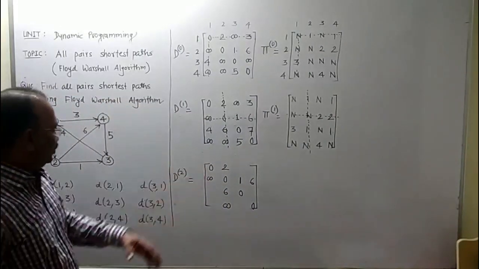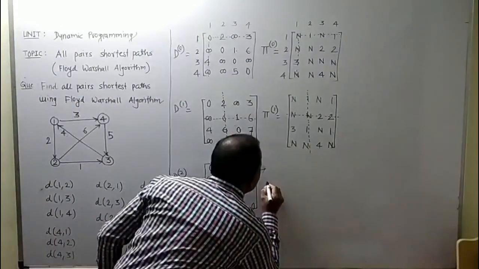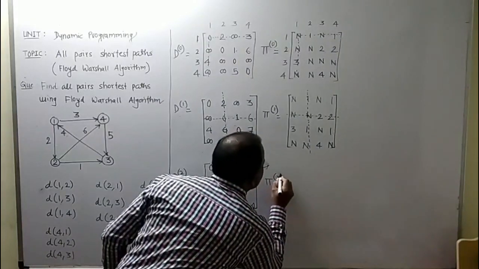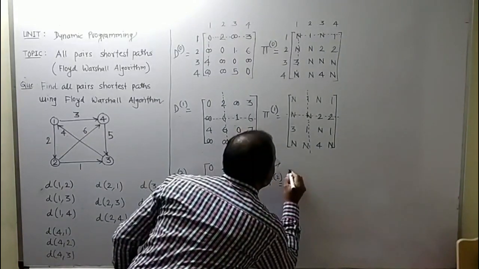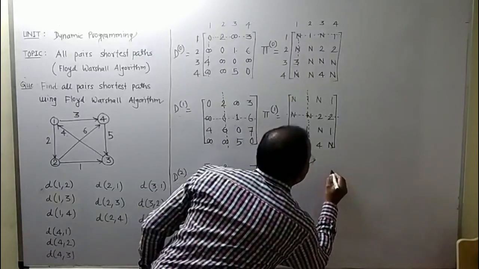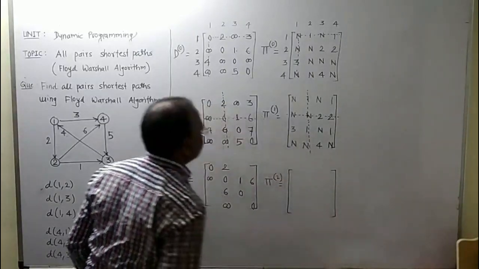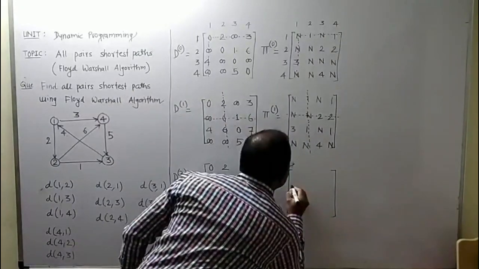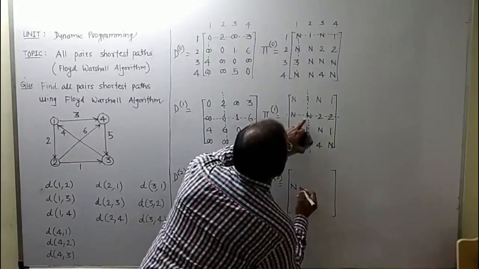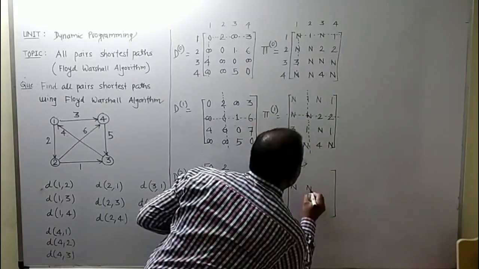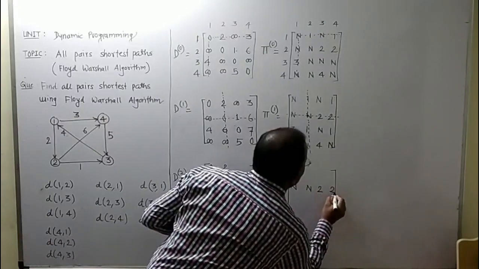Now in a similar way, develop pi 2. So write second row and second column as it is. N, 2, 2.